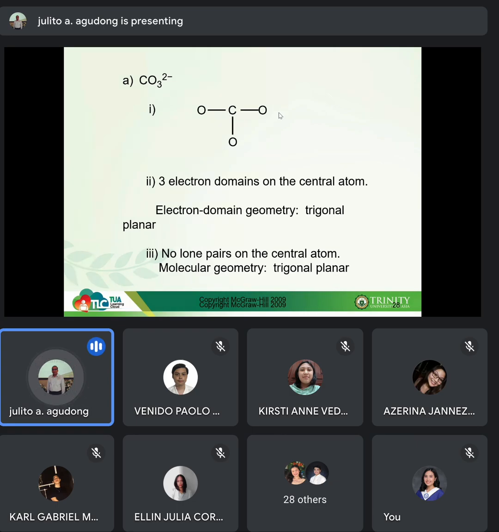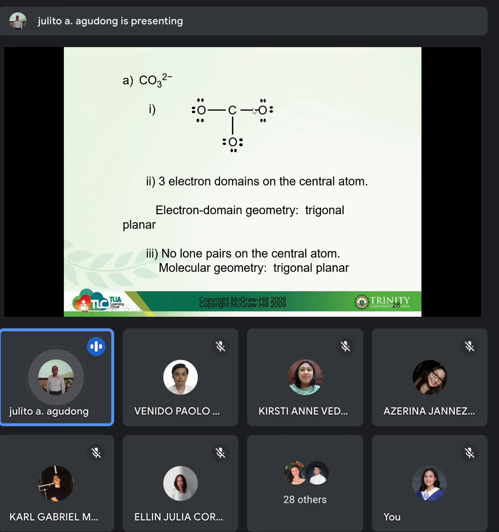But then your carbon will not be stable, right? Because carbon only has 6 electrons around it. So we delocalize a lone pair from any of your terminal oxygen atoms, but that still counts as 1 electron domain.